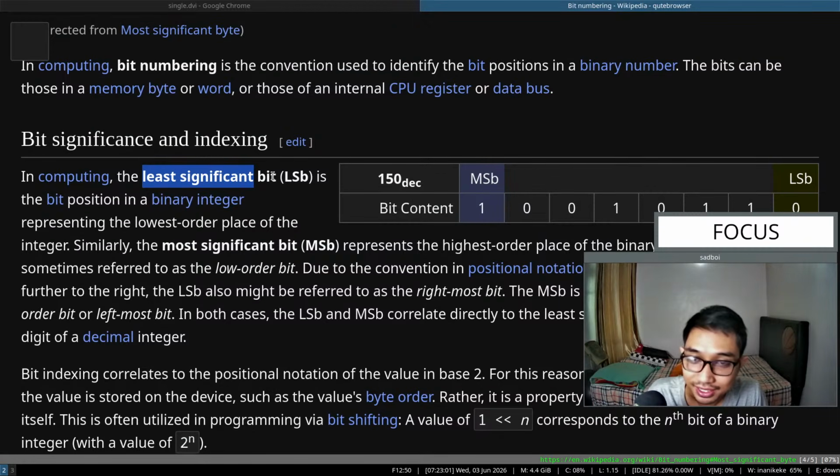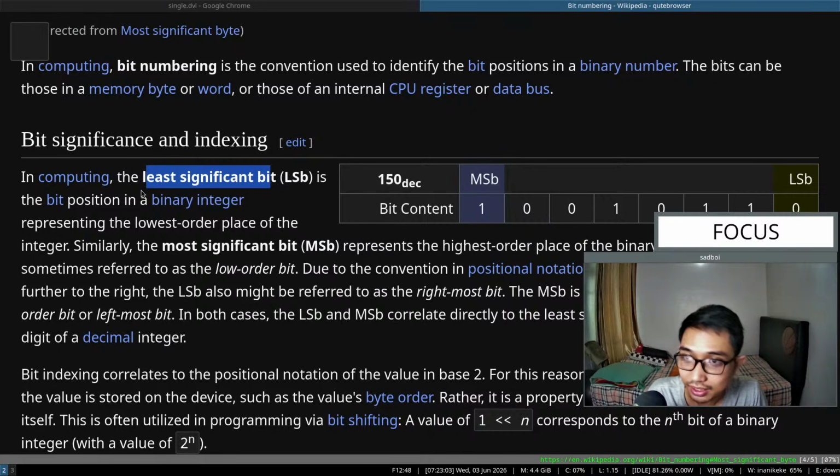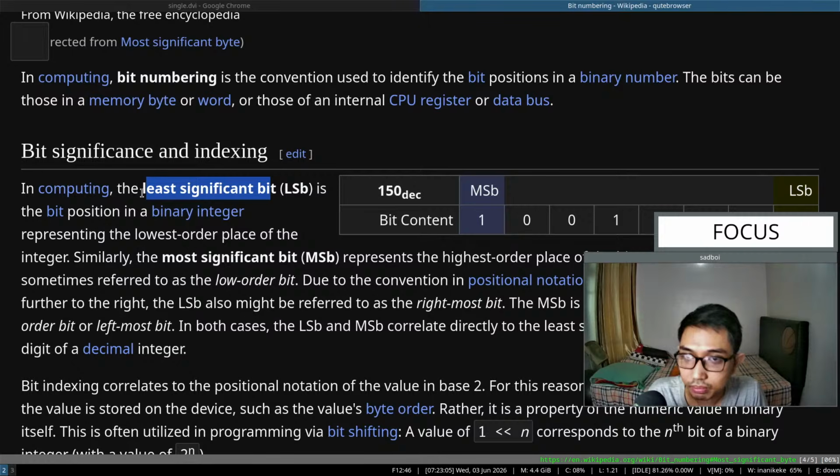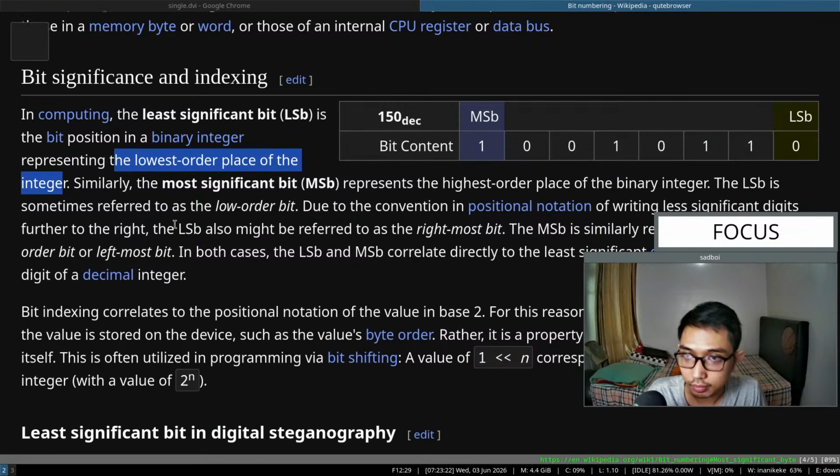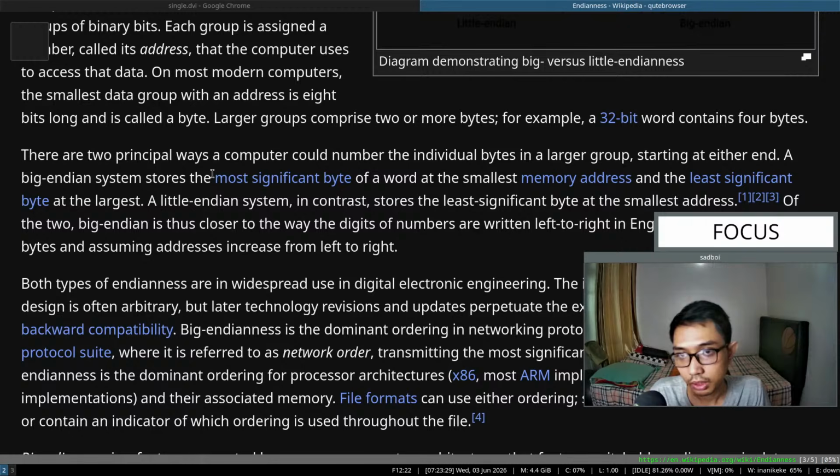Okay, yeah, the least significant bit is the bit position in a binary integer representing the lowest order place of the integer. Yeah, I'm kind of confused.